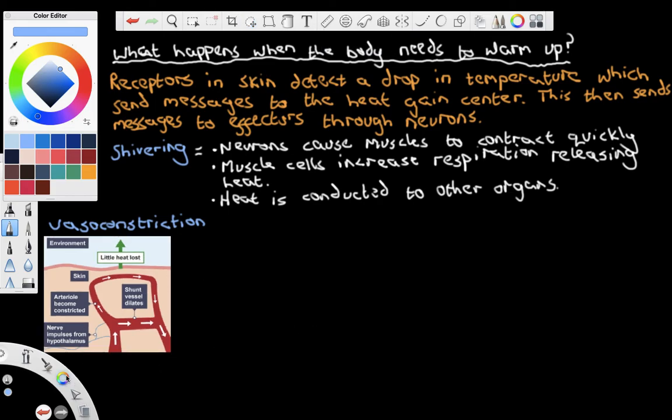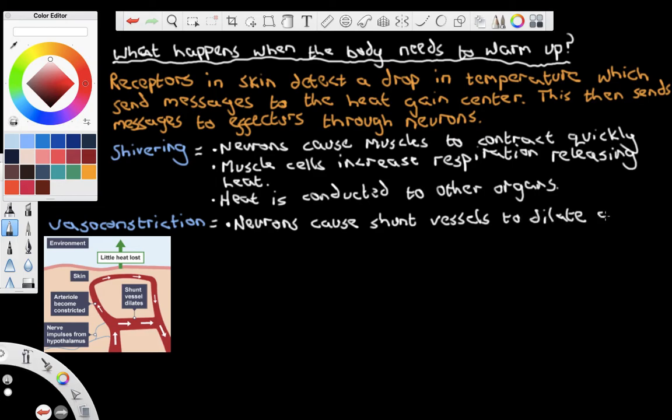So we can say that neurons cause shunt vessels to dilate, and blood vessels near the skin to constrict.